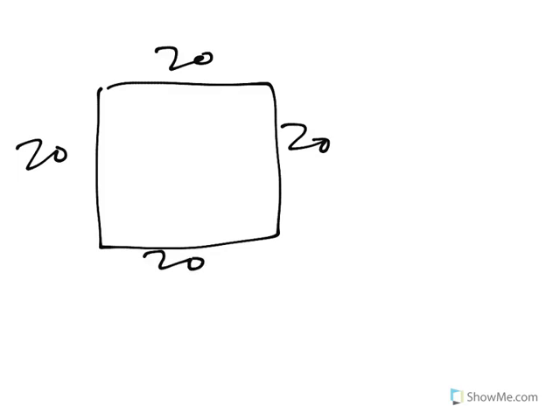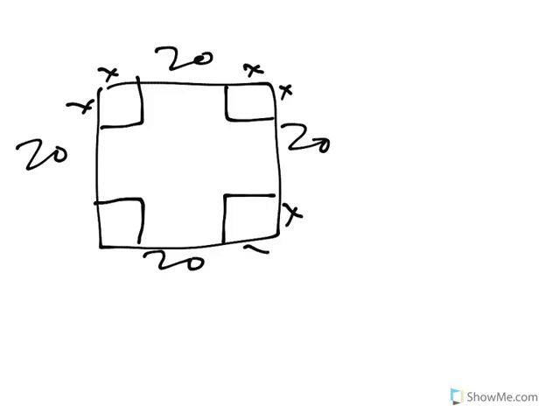There are various ways to do this, but one way is to cut a square out of each corner. I'll call it an x by x square. And I cut these pieces out, so I get this big plus sign looking thing.